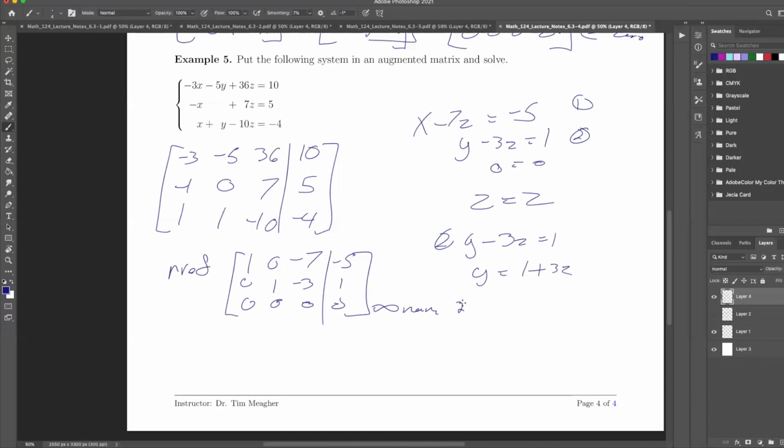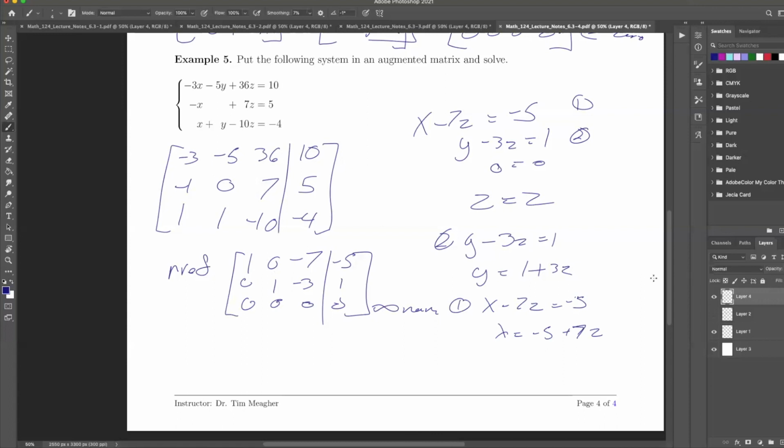And then for equation 1, we have x minus 7z equals minus 5. We solve for this and have x equals minus 5 plus 7z. Notice when we do reduced row echelon form, I don't have to worry about plugging in y because I've already zeroed it out.